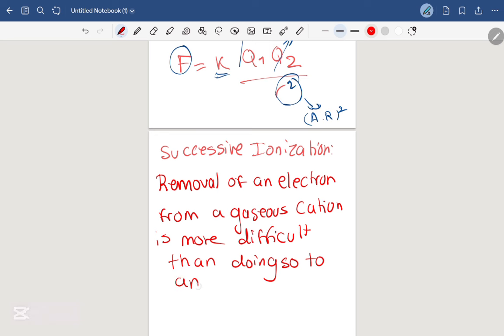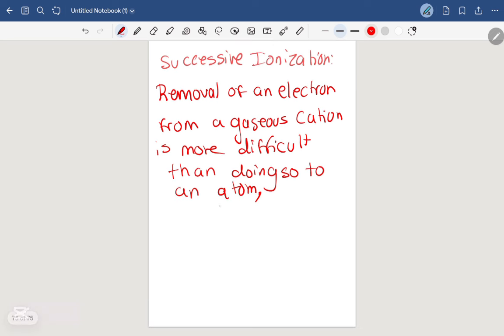Why exactly is it more difficult? Because in a positive cation, the protons are greater than the electrons, so the protons are going to attract the electrons more.